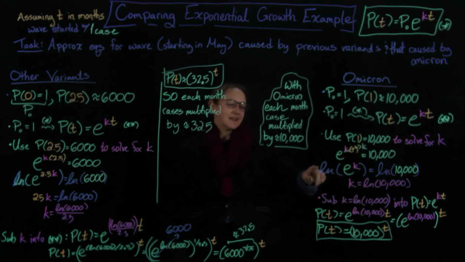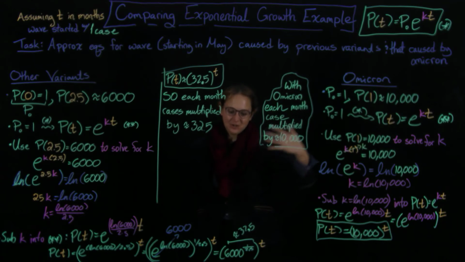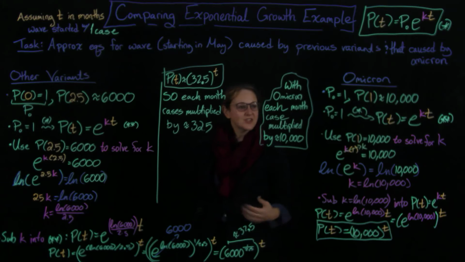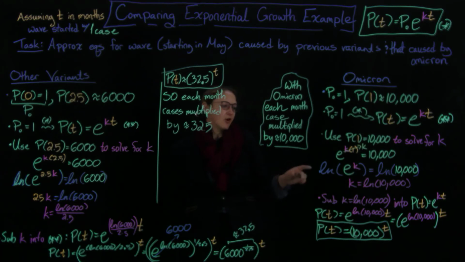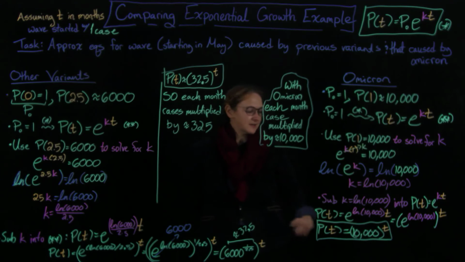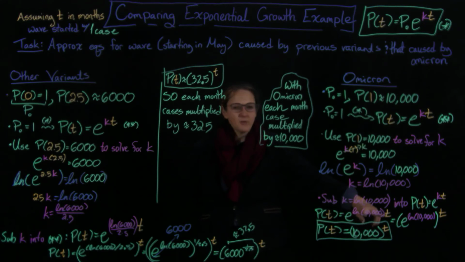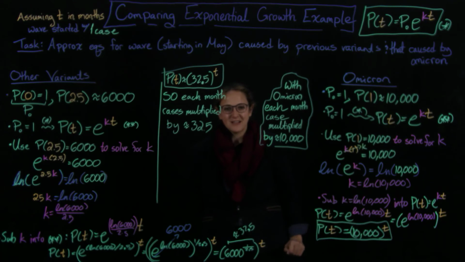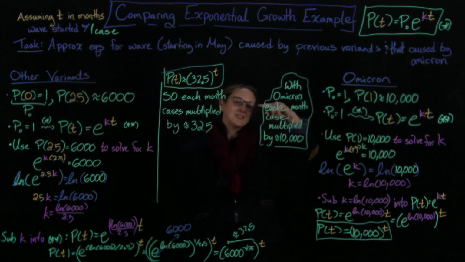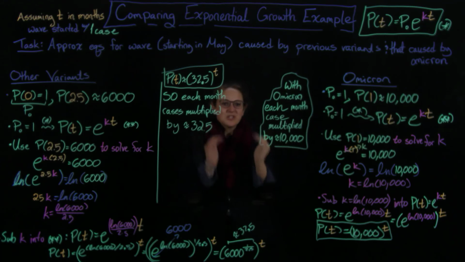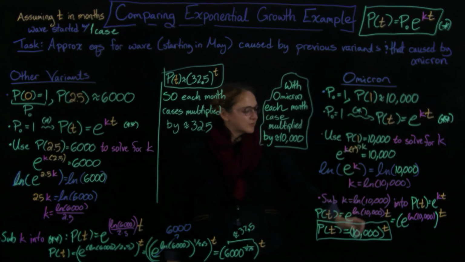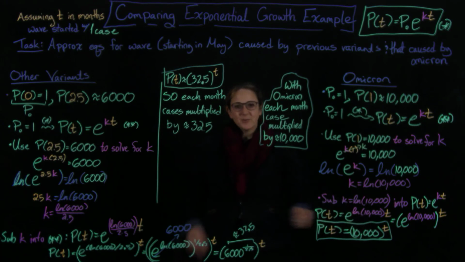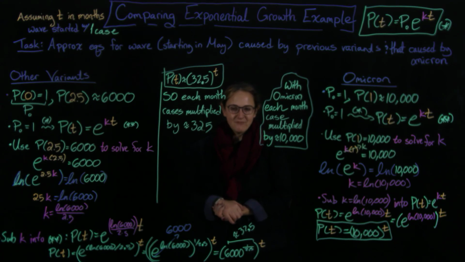Multiple times we used the fact that the natural log and e are inverse functions of each other, so you can just pick out what's inside there. And also the other key thing that can get a little confusing to people is that when you have a product in the exponent, you can take e to the natural log of 10,000 to the t, which then allows us to use the fact that these are inverse functions and get that we're multiplying by 10,000 each month.